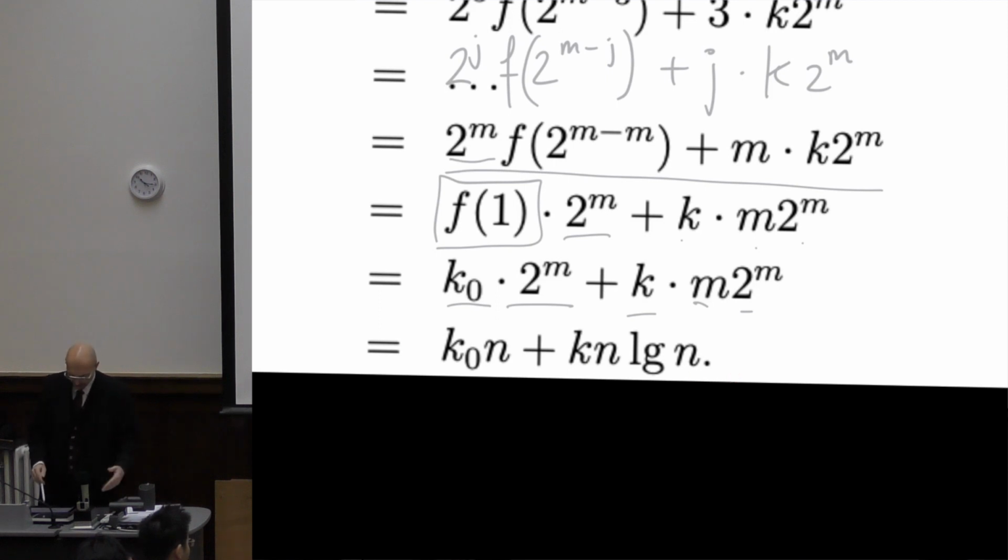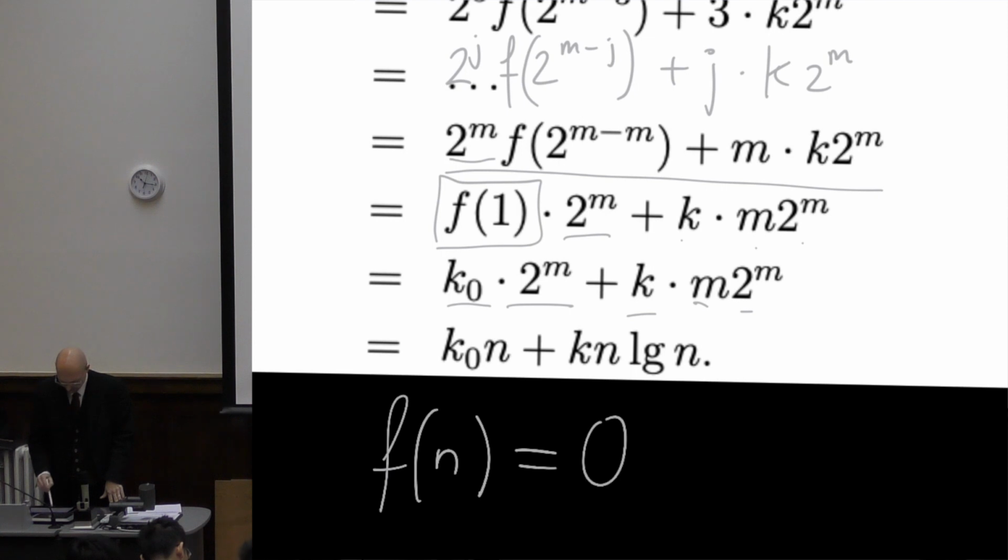So I can write the cost of doing merge sort on an array of size n is theta of n log n. Cost of merge sort on an array of size n is theta of n log n.